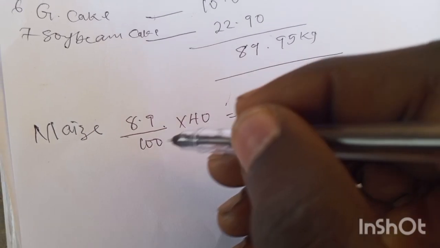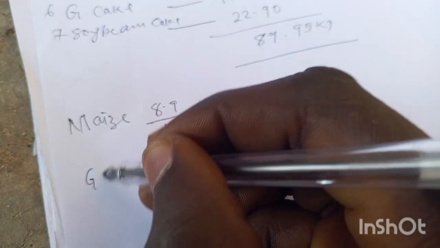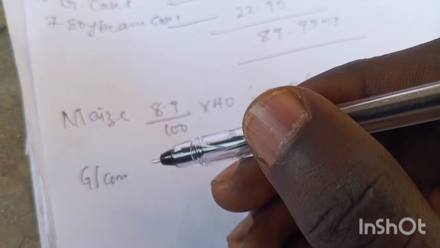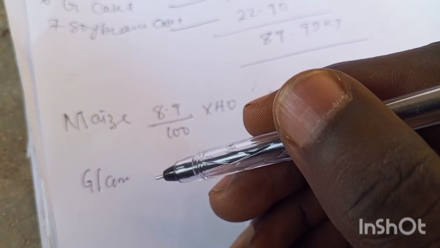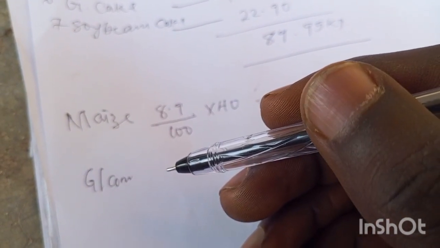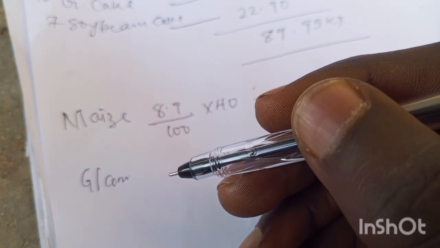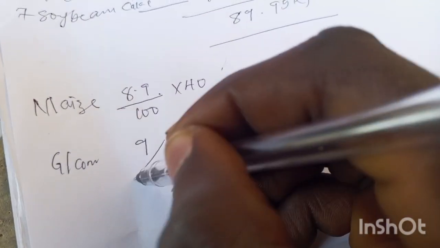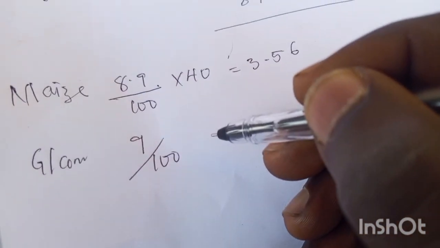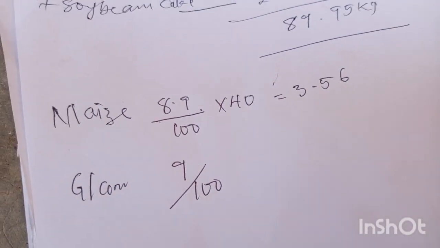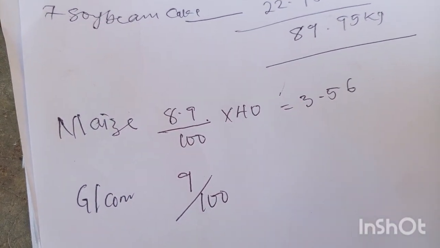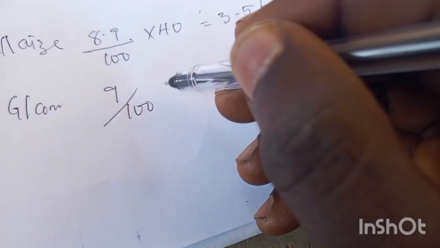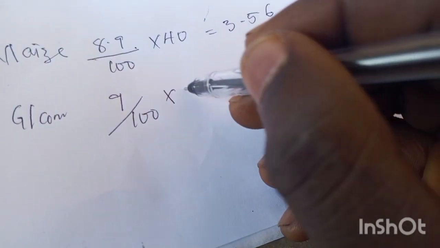You understand? Then you come down to guinea corn. We are going to be having 9/100 times 10.